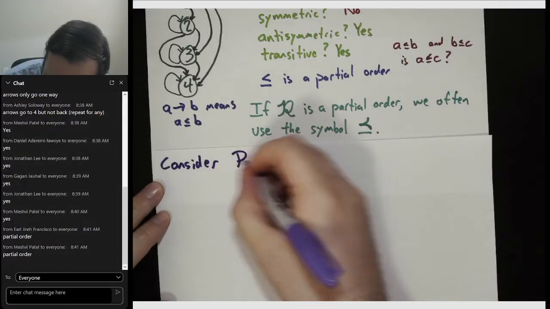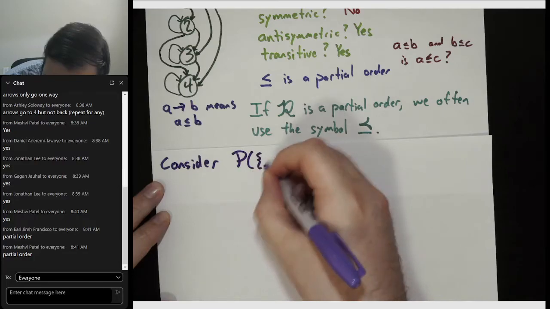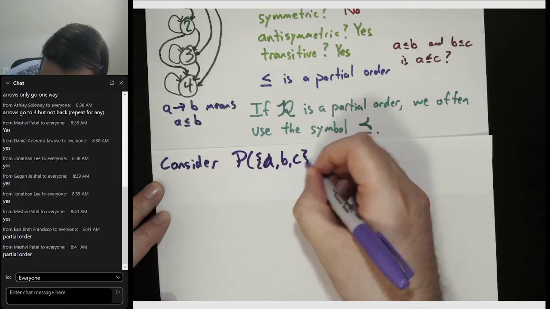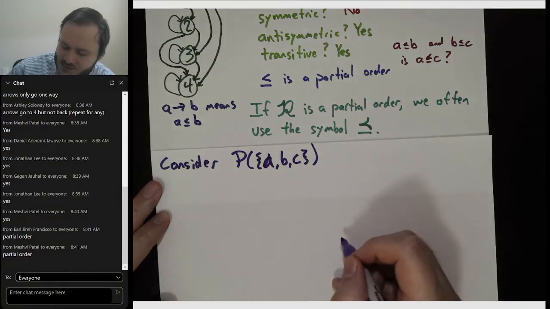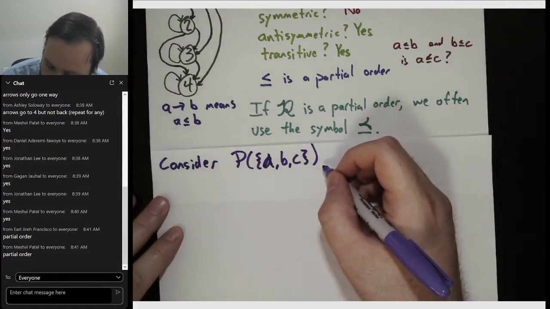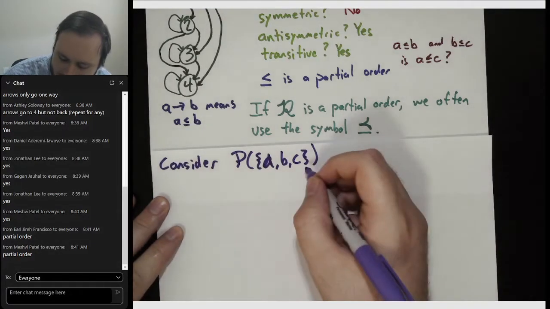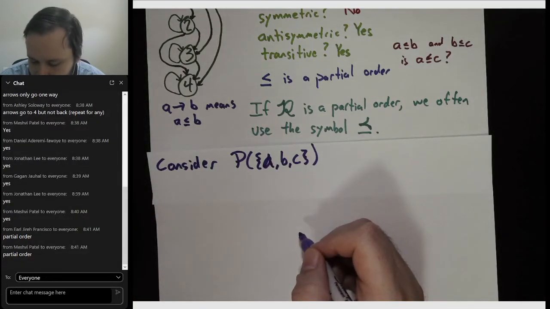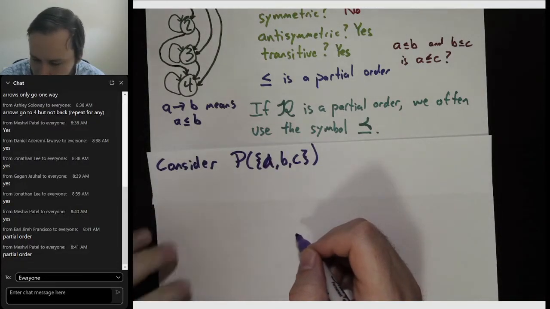So here's the power set of the set A, B. So this is the set of all subsets. And then I want a relation on this power set. So the two things that go into my relation are both sets.